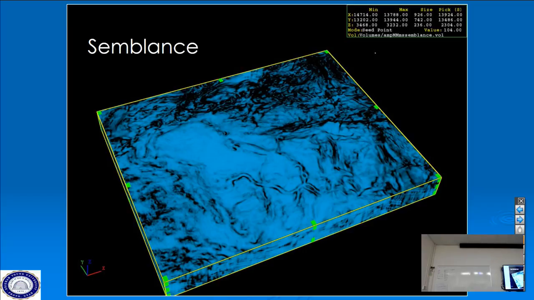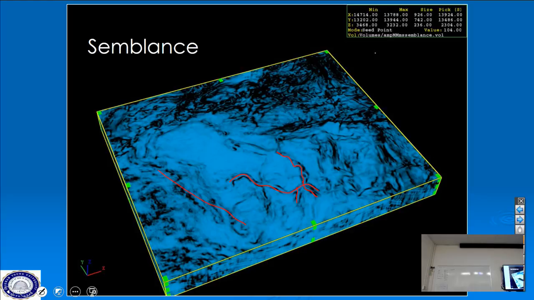Show me the channels. Across. Yeah, or maybe it's a little bit older. Very good. Yeah, that's good. You see that channel meandering through there?